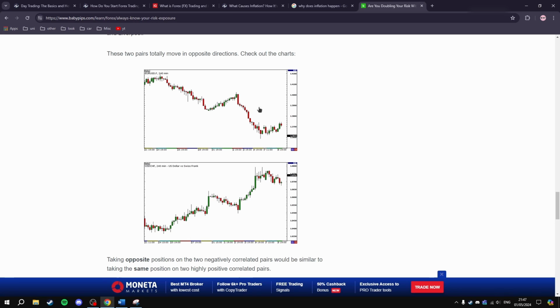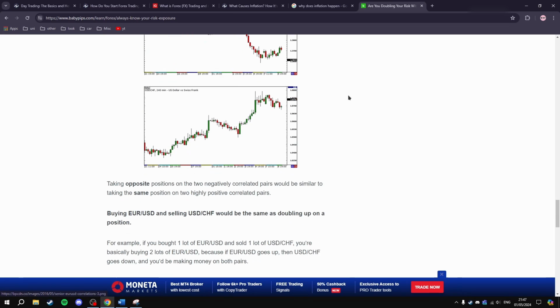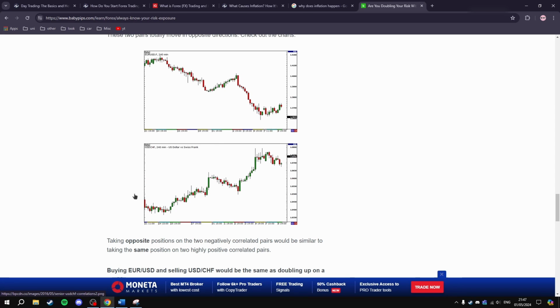Whereas with the highly negatively correlated ones, taking the opposite direction, if you go long on this one and short on this one, then you lose both trades, so you lose loads. But if you go short on this one and long on that one, then you make loads, because you're right on both trades.